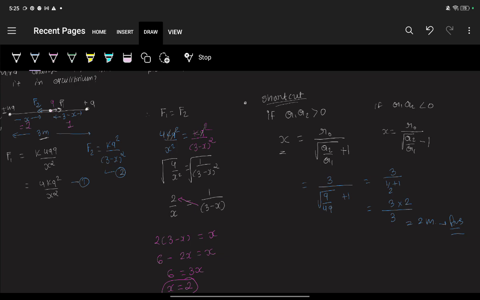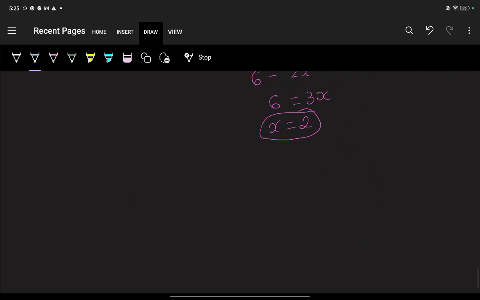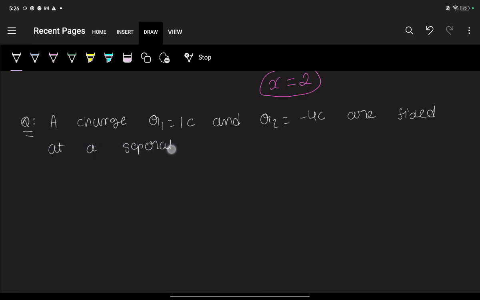Yes, sir. Okay, let me give you one question in homework. This question you need to do with the trick. The question is, a charge q1 is equal to 1 coulomb and q2 is equal to minus 4 coulomb are fixed at a separation of 1 meter.